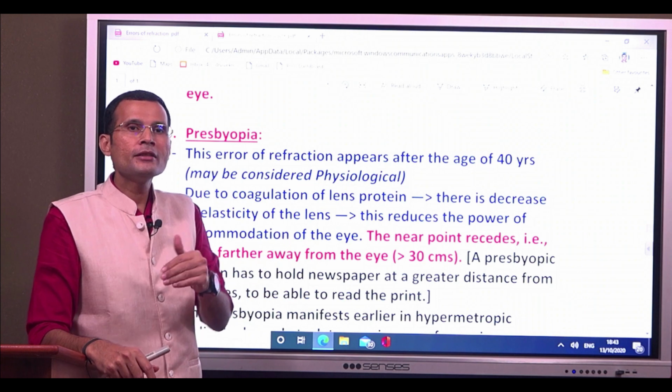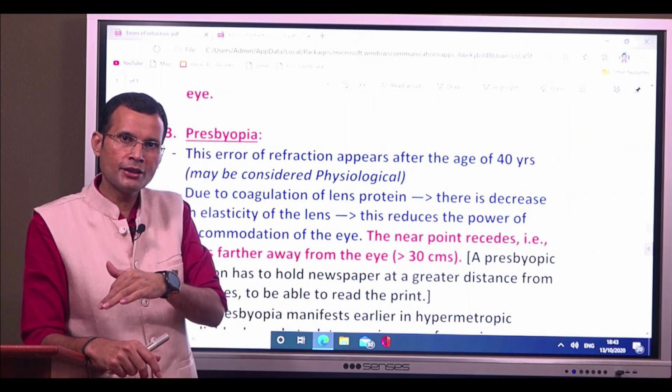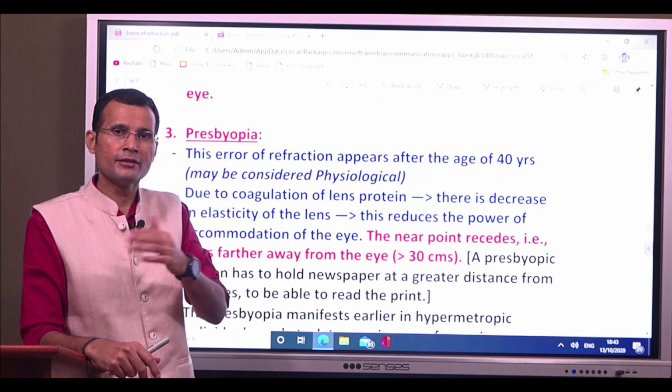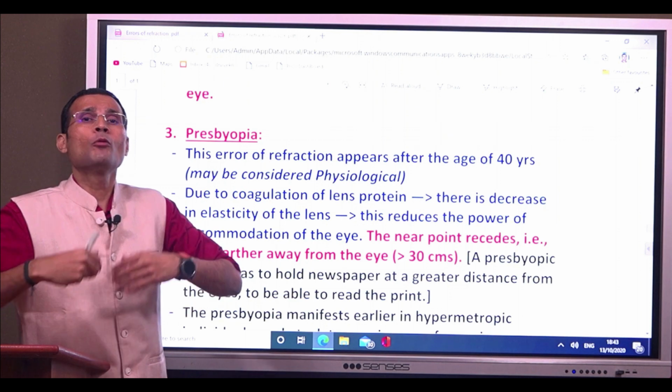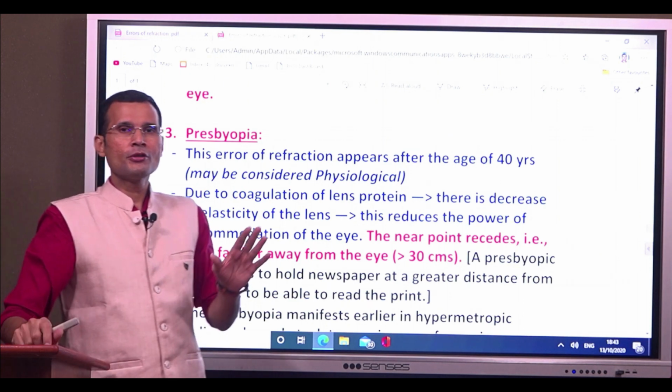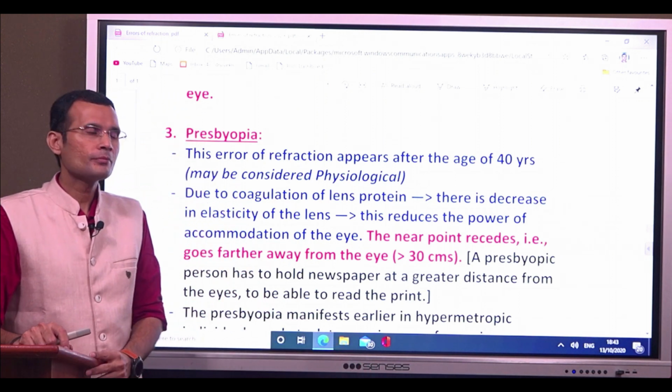Myopia means short-sightedness, means the person can see the near objects or can't see the near objects. Hypermetropia means the person can see the far objects or not see the far objects. So to avoid the confusion, there was a very simple way that our professor told us.